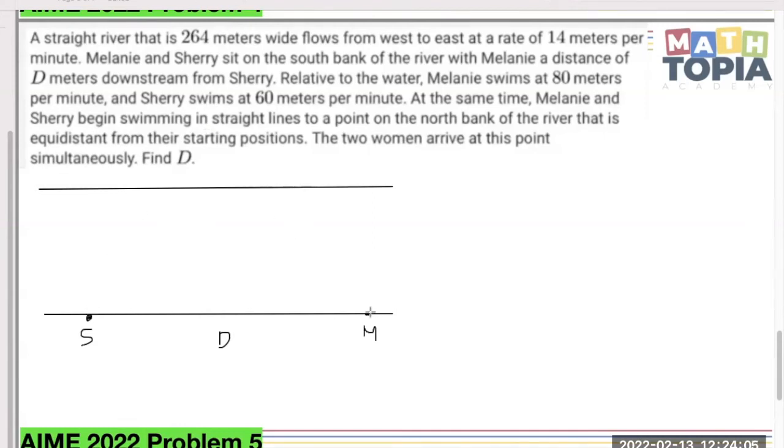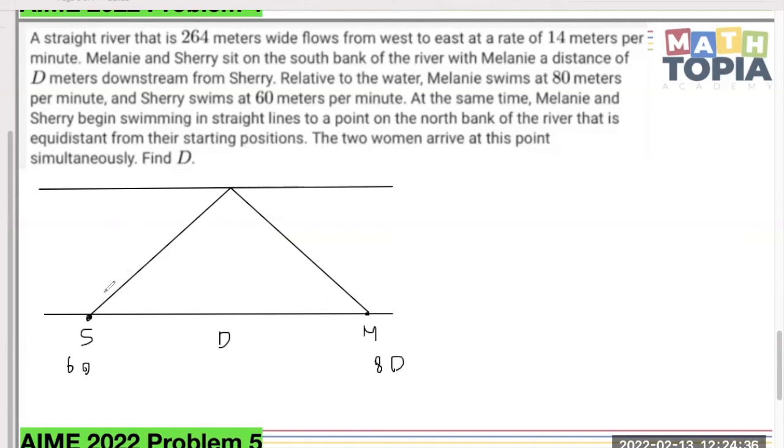And Melanie swims this much, and Sherry swims this much, because they have to get to the same point that's the same distance away from each of them, and they each arrive at the same point at the same time. So everything is basically equal, except for the fact that Sherry only swims 60 meters a minute and Melanie swims at 80 meters a minute.